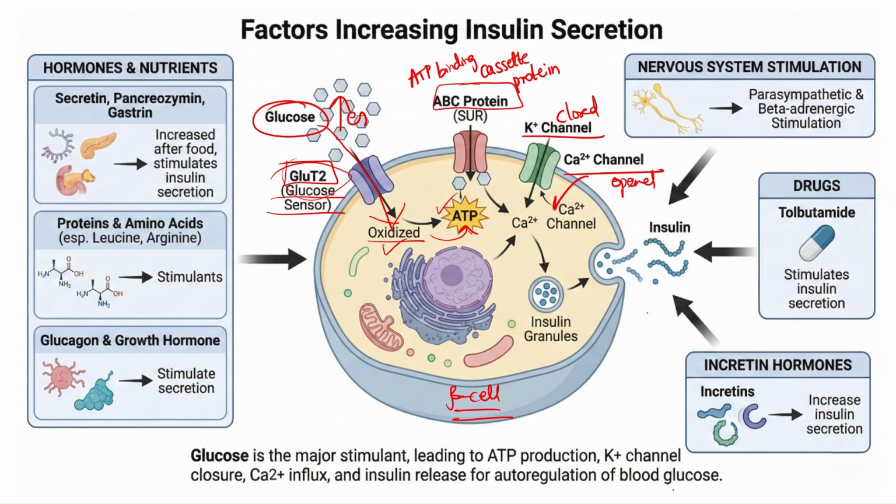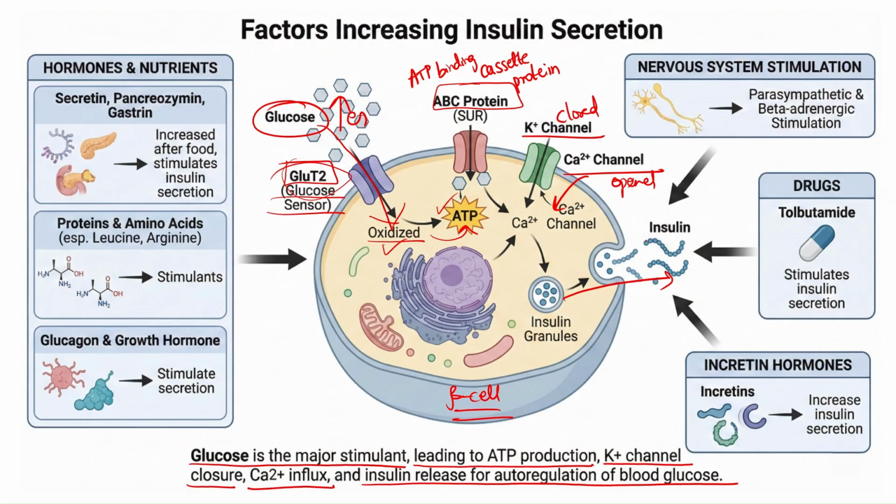That means there is influx of calcium. This influx of calcium will cause insulin secretion, and the insulin obviously will lead to a decrease in the blood glucose. Thus, there is auto regulation of the blood glucose level. So glucose is the major stimulant leading to ATP production, potassium channel closure, calcium influx, and insulin release for the auto-regulation of the blood glucose.